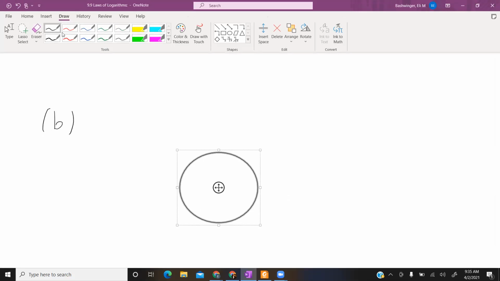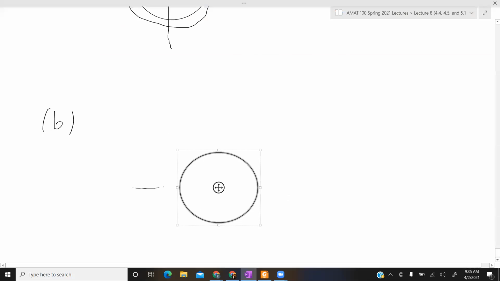So we have the arc length, or this real number we have, is negative pi, and we want to determine what point that corresponds to. So this time we travel in the opposite direction.